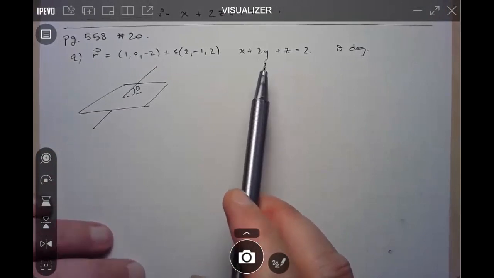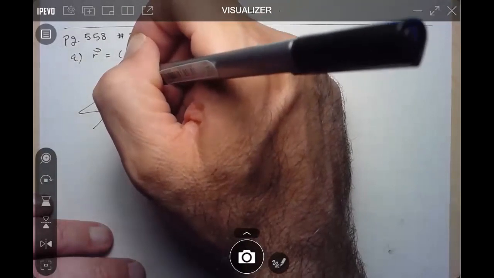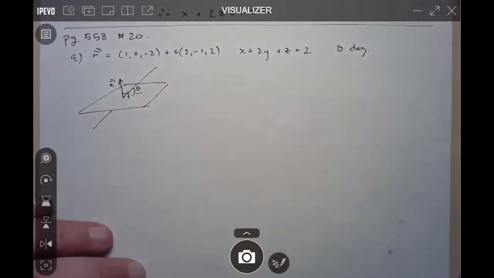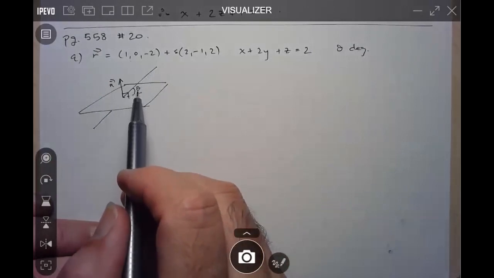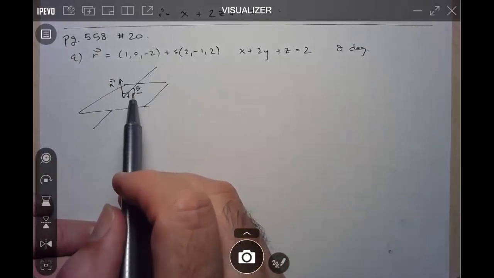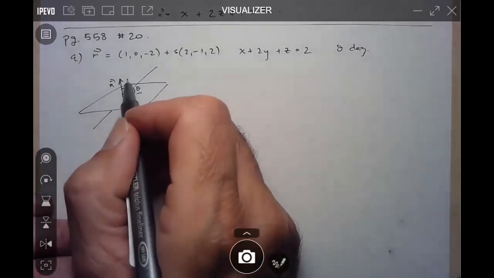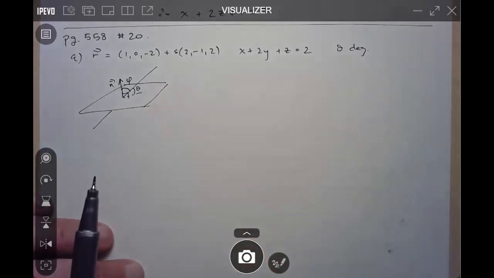So what I'm also going to include here is the normal vector, which of course is perpendicular to that plane. And this is where I realize, even though I'm looking for the angle theta, hey, look at that. It's complementary to the angle to the normal.